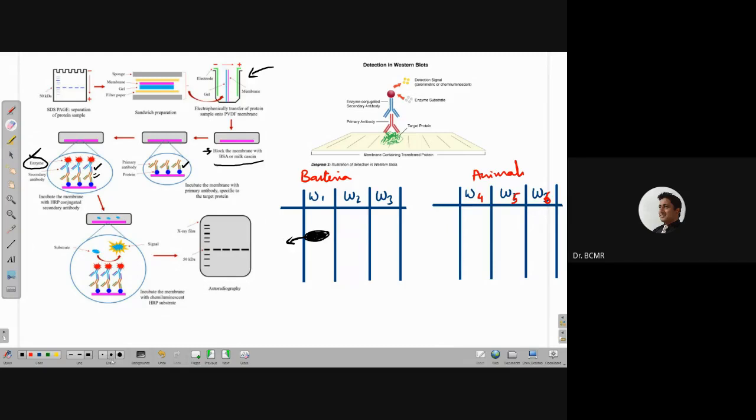If there is a protein, I will call it protein P, it must have come from the mRNA for P, and that must have come from gene P. If a band is present, it means gene P is there and is transcribed. And if sample W2 does not have a band, you cannot say that the gene is not present. You cannot say that it is not transcribed. All you can say is that protein P is not present there.